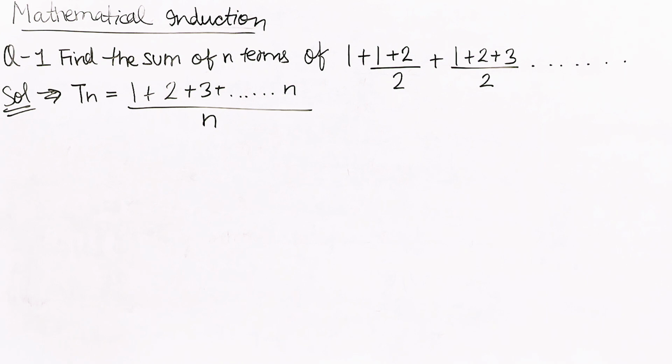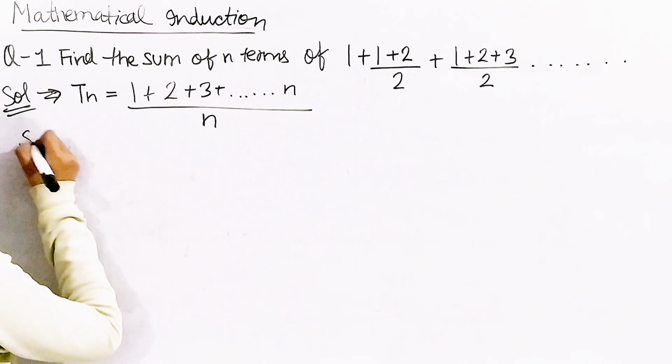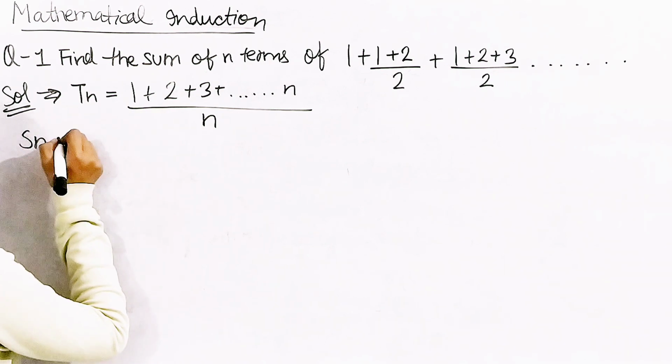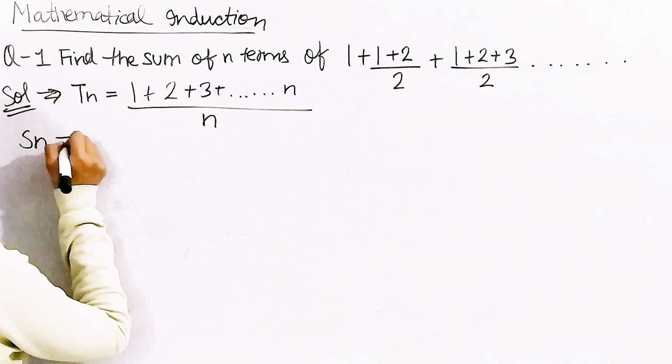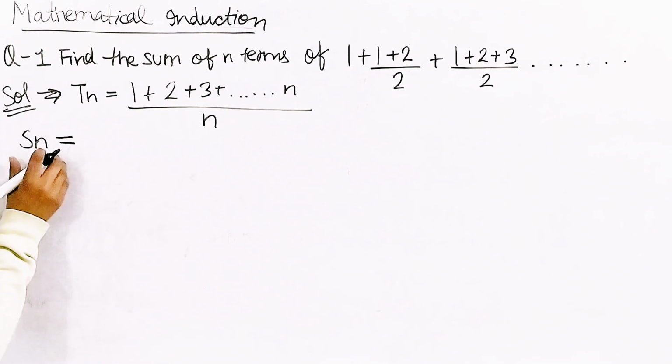Got it? So now let's talk about the sum of n terms. So the sum of n, I'm just going to write S. As we're doing the sum, we're going to use sigma, as I've just told you.